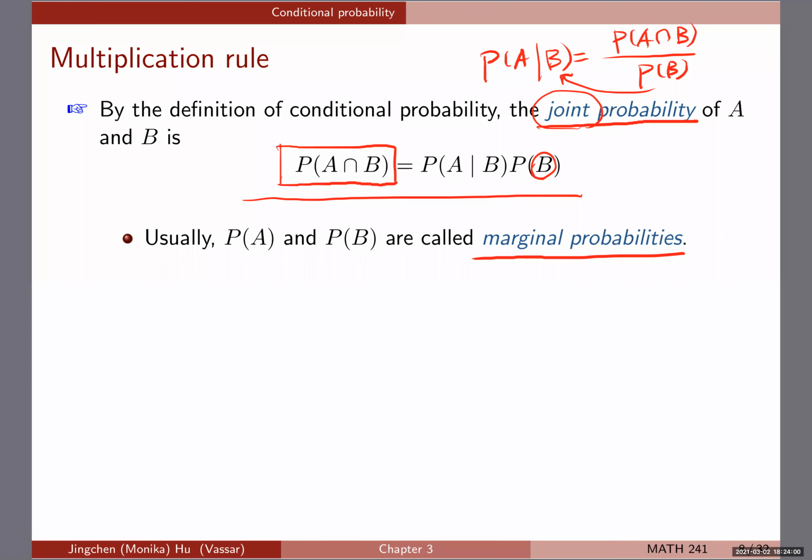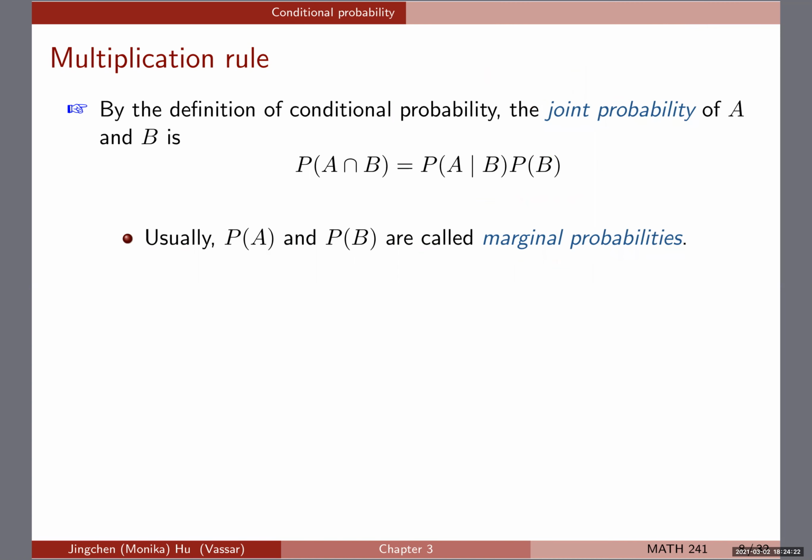So it's the product of the conditional and the marginal. Of course, another way to do this is B given A conditional times P(A). We're going to see a lot more about this once we get to Bayes rule, because the key of Bayes rule lies in here when we're talking about conditional probability, but we'll leave that for later.